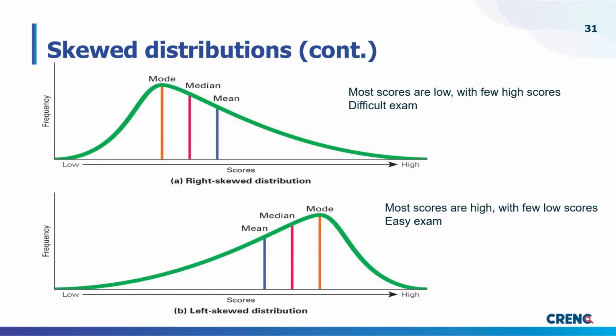So we can say this is a right skewed distribution or positively skewed distribution. But in contrast, when the exam is easy, we see that many persons tend to score high. So the mode here is towards the right, and we say this is a left skewed distribution or negatively skewed distribution.